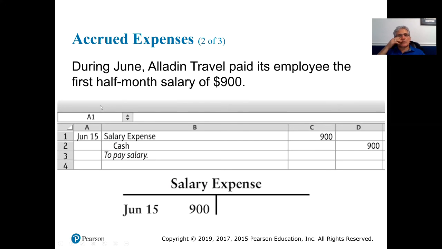During June, Aladdin Travel paid its employees the first half-month salary of $900. On June 15th, they recognized salary expense of $900 and a credit to cash for $900. They debited salary expense for $900 and they credited cash for $900.